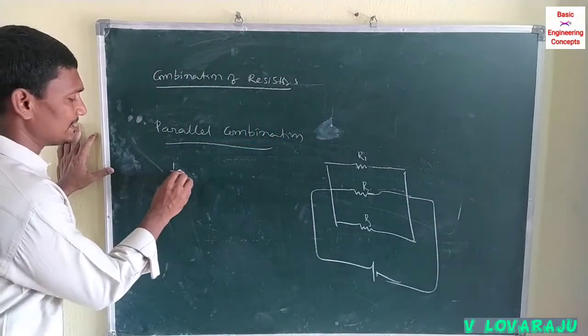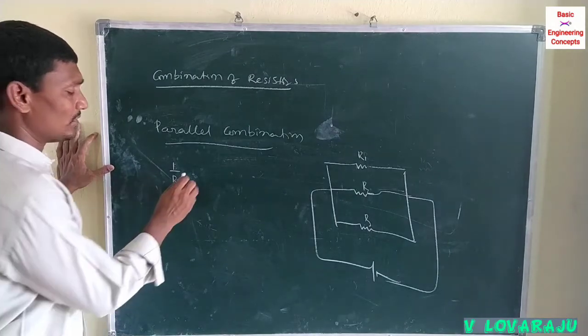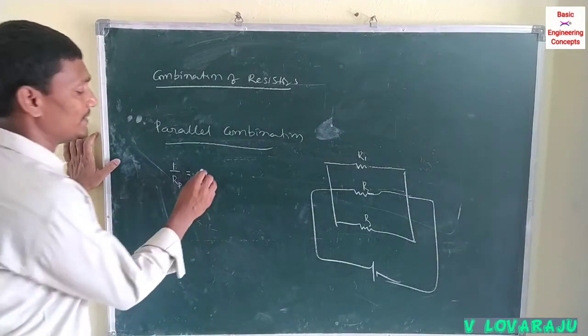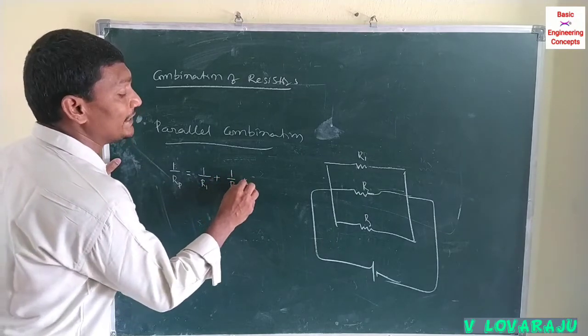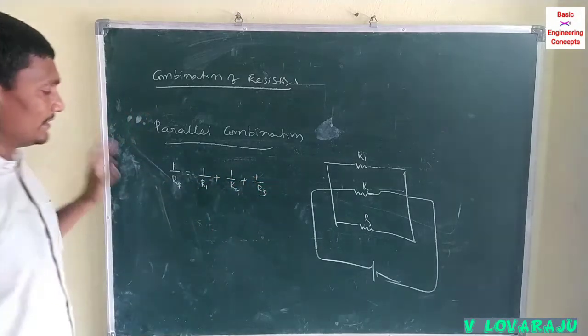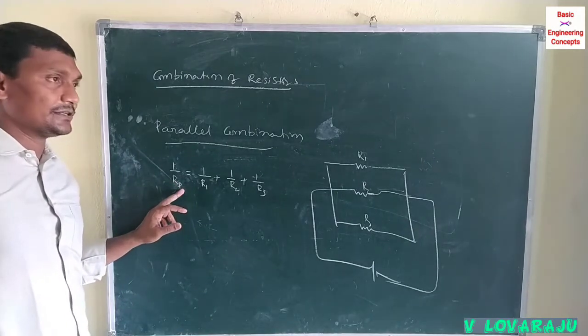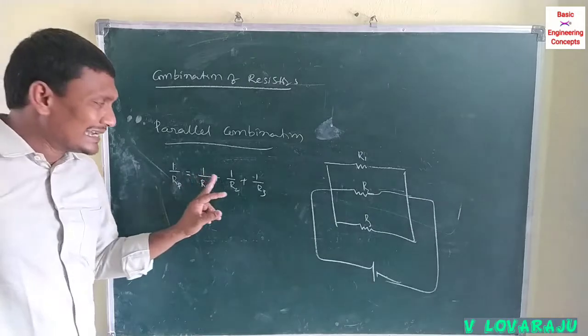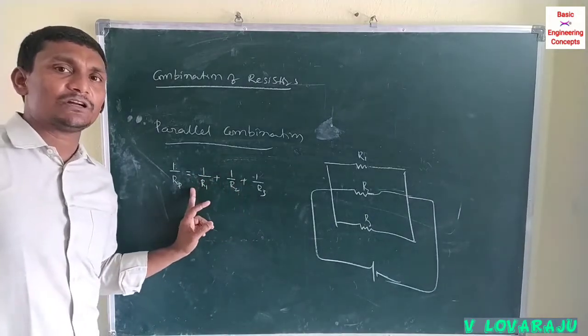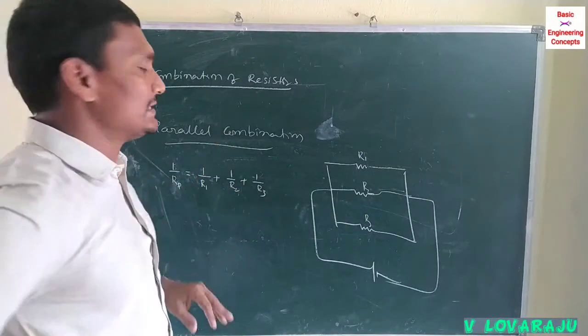In a parallel combination, the reciprocal of the effective resistance is equal to the sum of the reciprocals of the individual resistances.